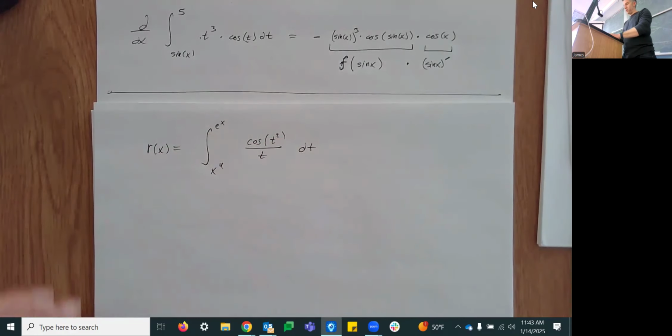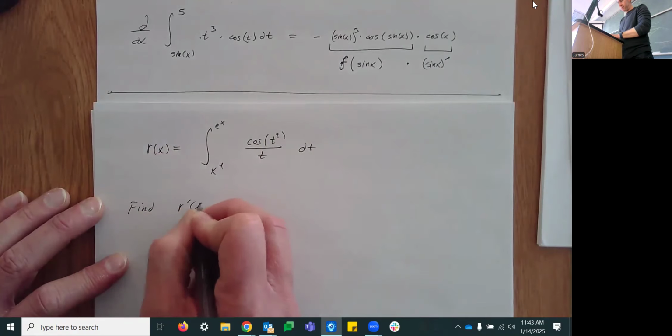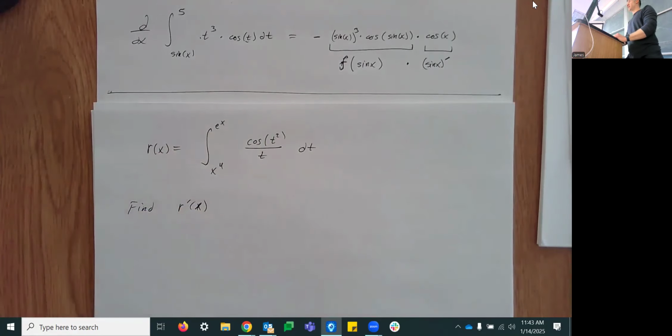And I want to find the derivative. So essentially the idea is do the top thing first, subtract, and do the bottom thing second.